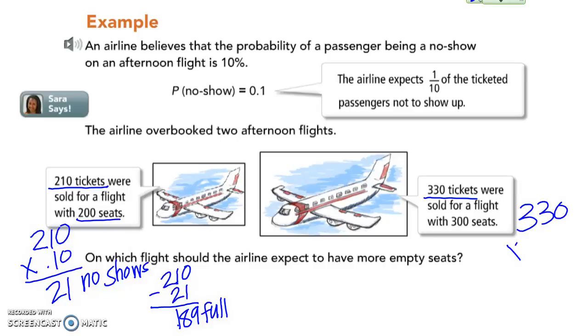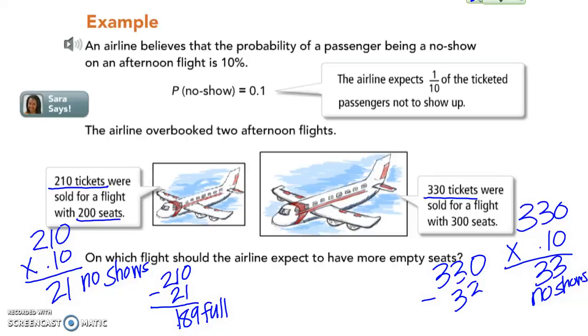So we'd multiply that times the 10% probability. How many no-shows? 33 no-shows. So then we would just subtract that, 330 minus 33, and that would give us 297 seats are going to be full. And if it has 300 seats, that means only 3 would be available.